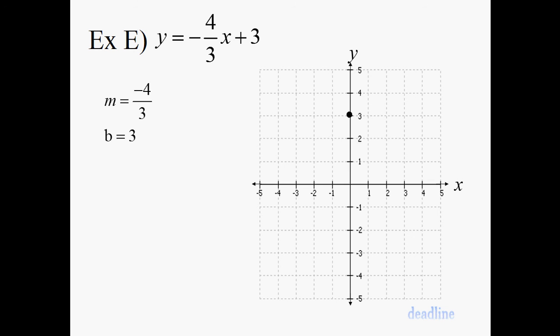My slope is downhill because it's negative, so it means I'm going to count down 4, right 3. So it's going to be down 1, 2, 3, 4, right 1, 2, 3. So my location is x is 3 and y is -1.